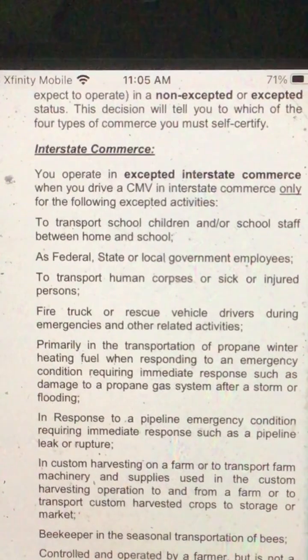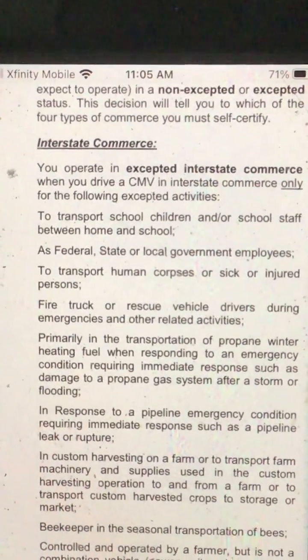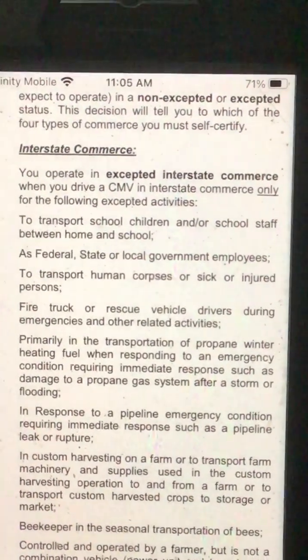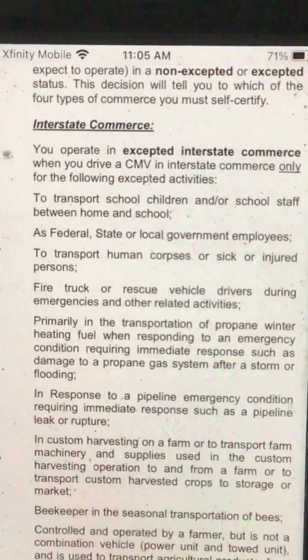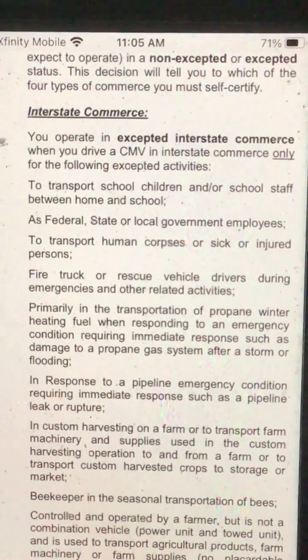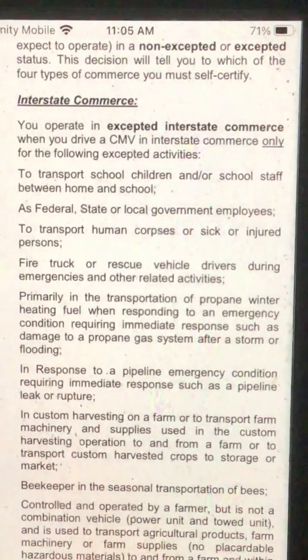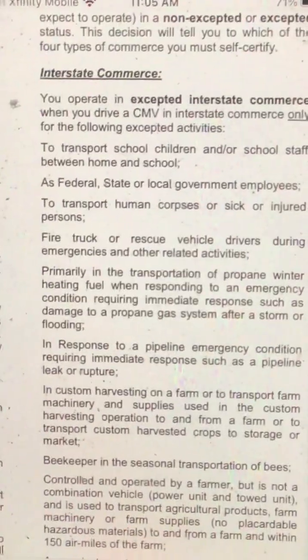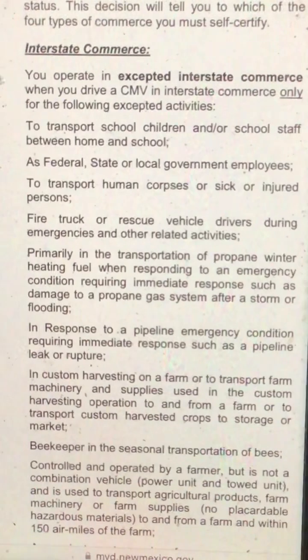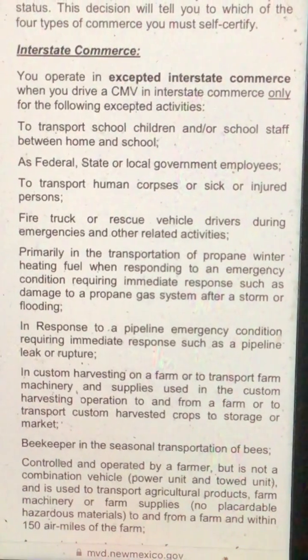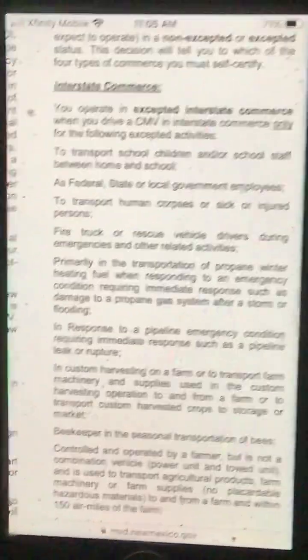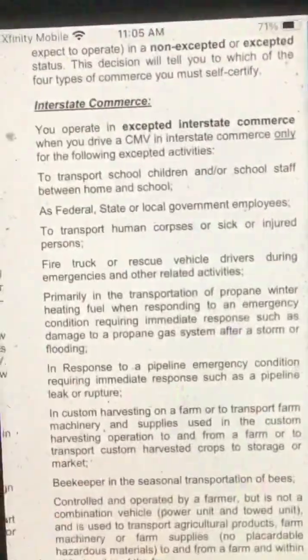primarily in the transportation of propane winter heating fuel when responding to an emergency condition requiring immediate response, such as damage to a propane gas system after a storm or flooding. In response to a pipeline emergency condition requiring immediate response, such as a pipeline leak or rupture.